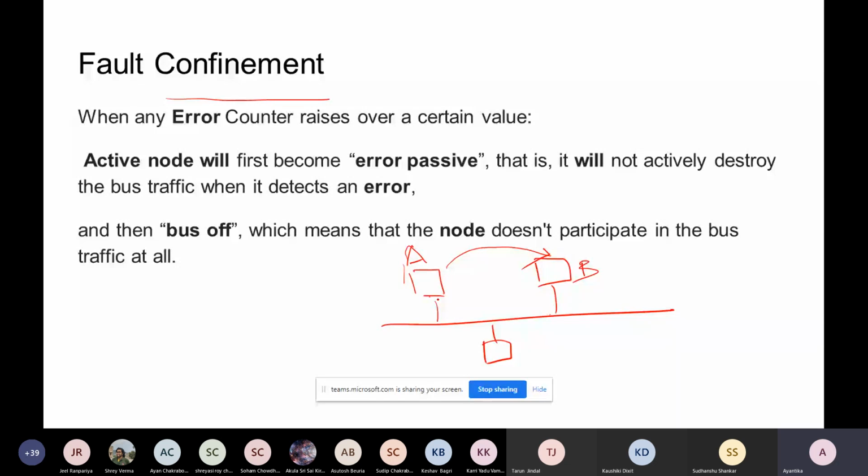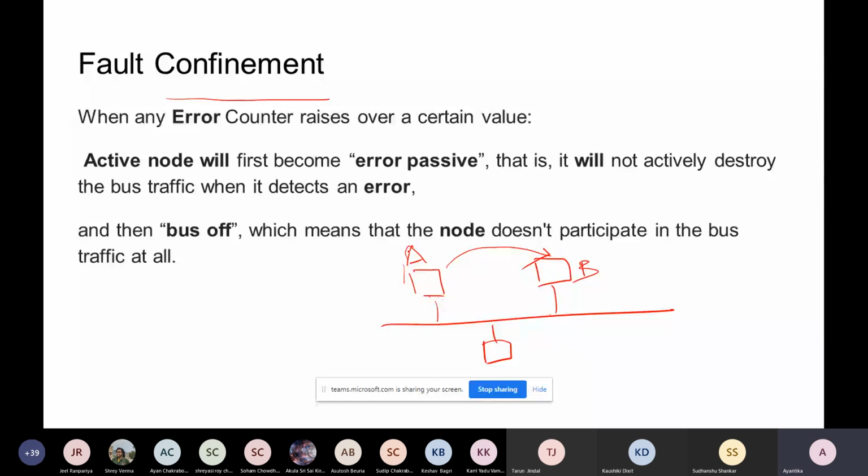Moreover, node A keeps continuously raising error frames. If that goes on, the situation cannot improve. If you are already sending multiple error frames on top of congestion, there is no possibility that the congestion will ever get resolved.